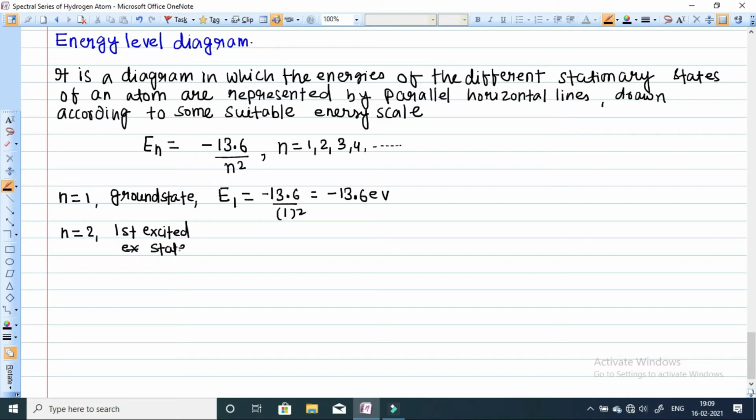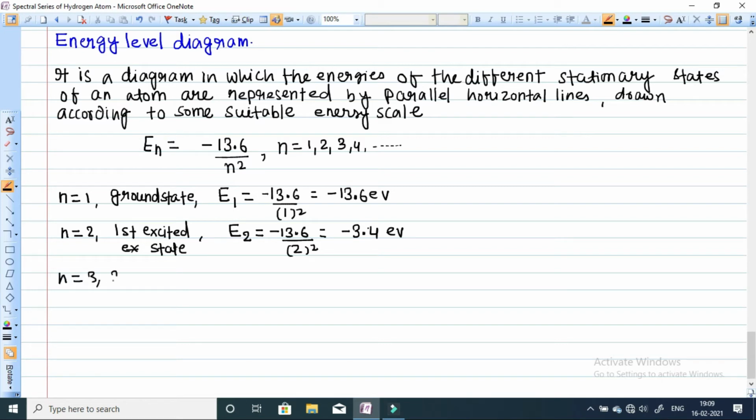Its energy E2 is equal to minus 13.6 divided by 2 square, and 2 square is 4. When you solve this, you get minus 3.4 electron volt.